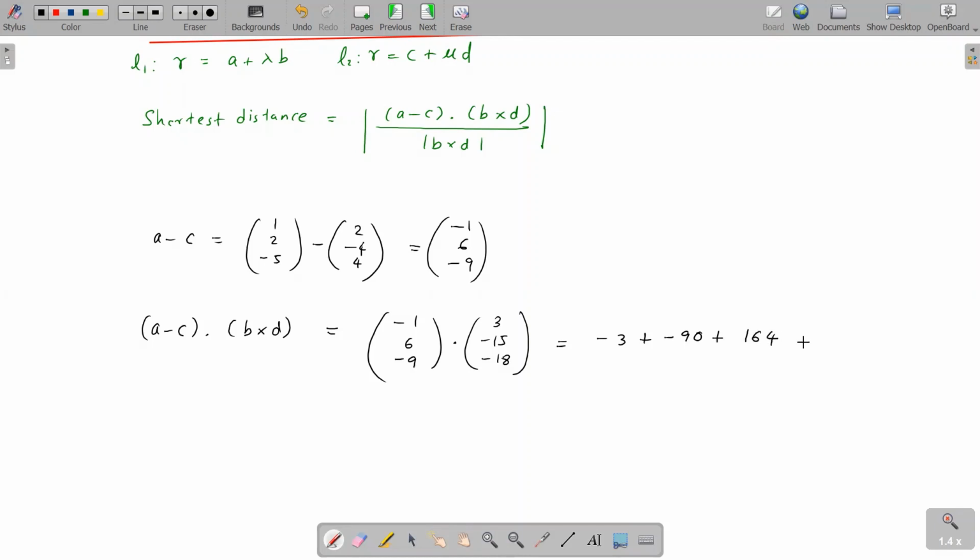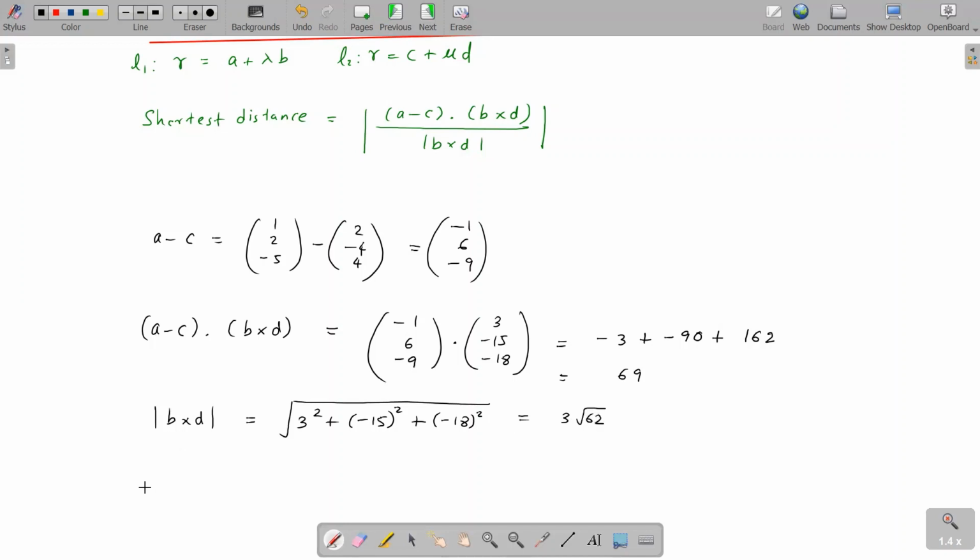When you add everything, this should be 162. Sorry, this is 69. Okay. And then what about the modulus of b cross d? You have to get the magnitude of the b cross d vector, which is the square root of 3 squared plus minus 15 squared plus minus 18 squared.